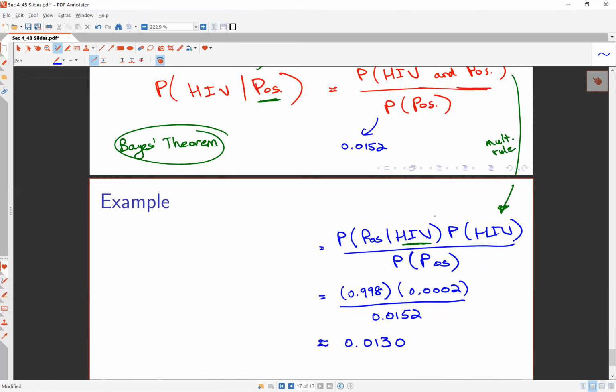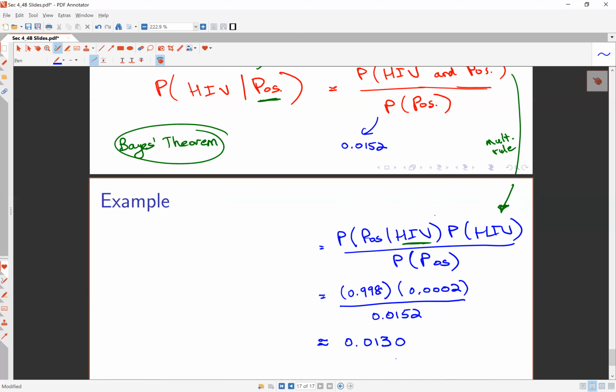So let's unpack this for a moment. This says, if we randomly select someone in the US, a randomly selected heterosexual person with no other risk factors, test them for HIV, and the test comes back positive, then the probability of them actually being HIV positive is only 1.3%.